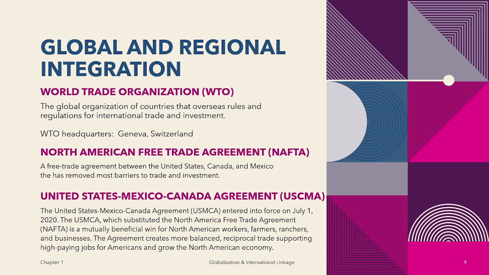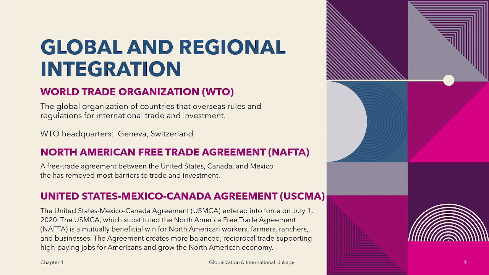The laws that are passed in the United States apply only to the United States. But when you're doing business internationally, the World Trade Organization is an entity that helps to oversee rules and regulations that apply to international trade and investments.